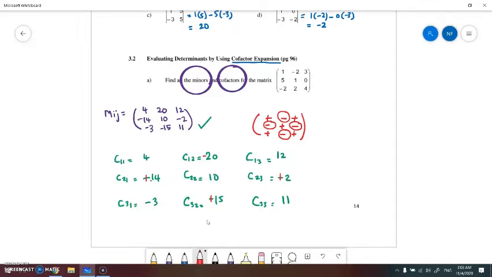So what is your cofactor? Your cofactor would be 4, 14, negative 3, negative 20, 10, 15, 12, 2, and 11.